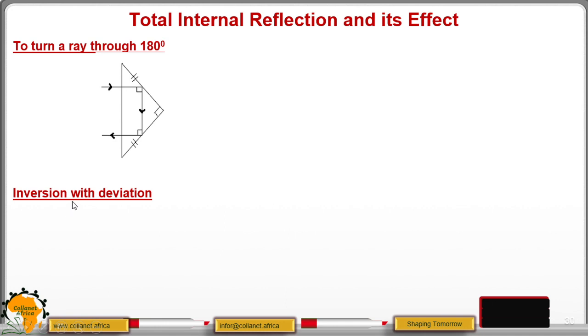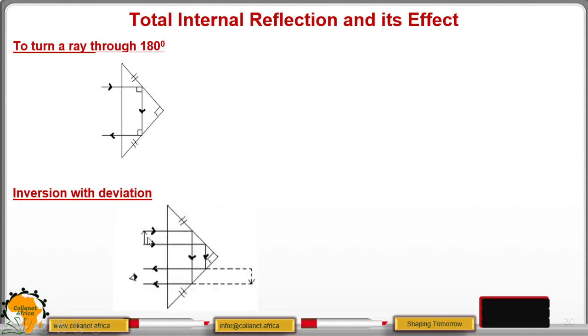Then from there, we have inversion with deviation. I want you to look at this diagram, or the object. A ray is coming from the tip of the object, and the other ray is coming from the bottom of the object. They move undeviated at this interface because the angle is 90. But on touching this boundary, there is total internal reflection.